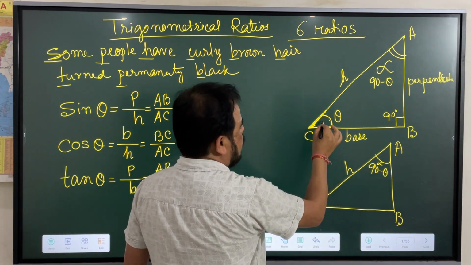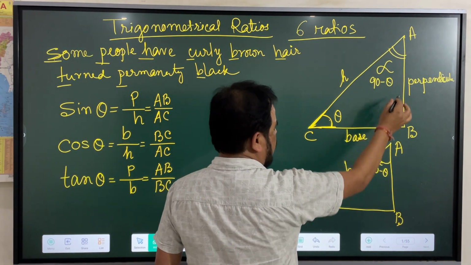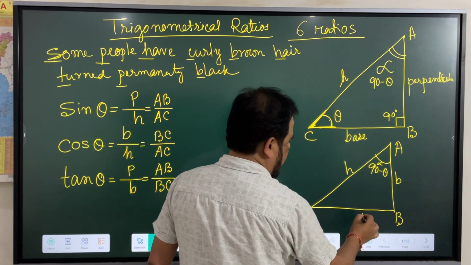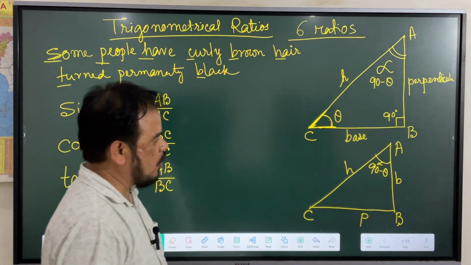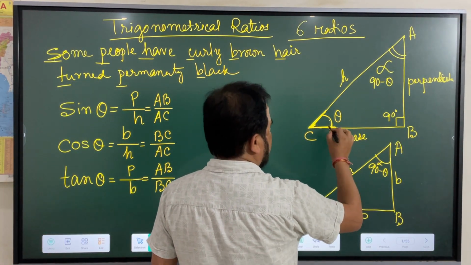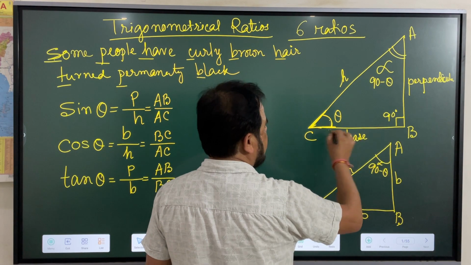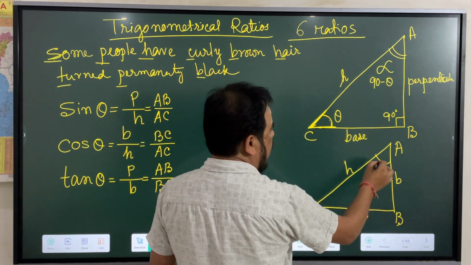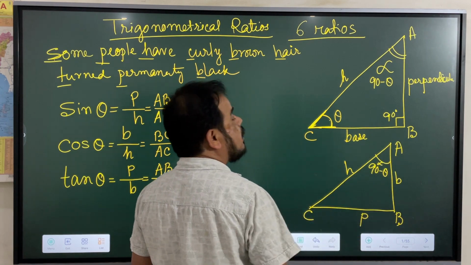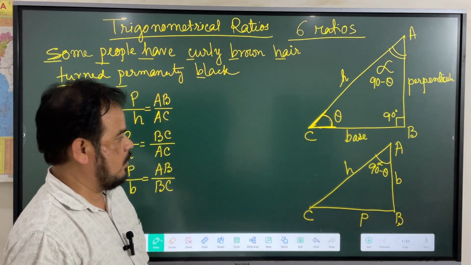Now with respect to this is base, this is perpendicular. With respect to this angle, this will be base and this will be perpendicular. I hope you understand. With angle theta, CB is touching, so BC is base. With angle alpha, AB is touching, so AB will be base. That is what you have to learn.